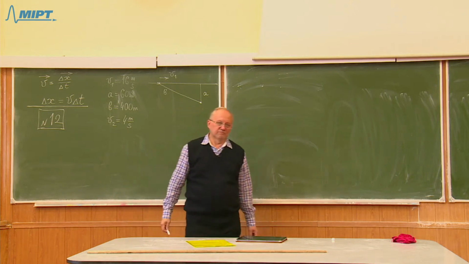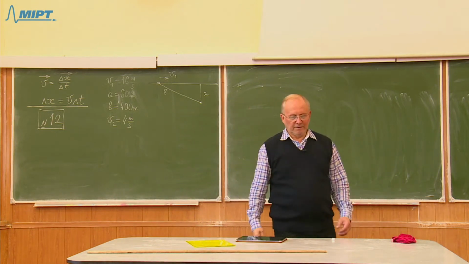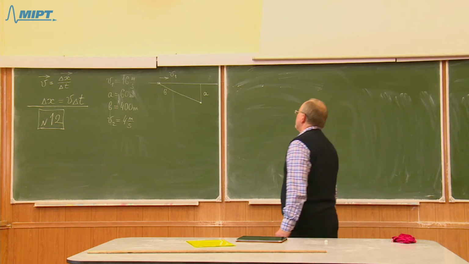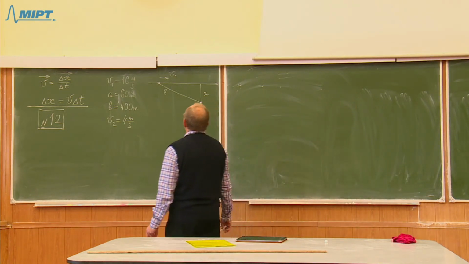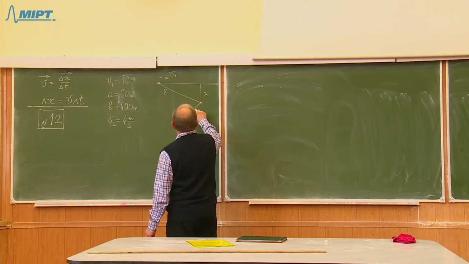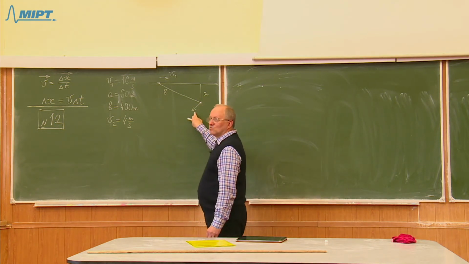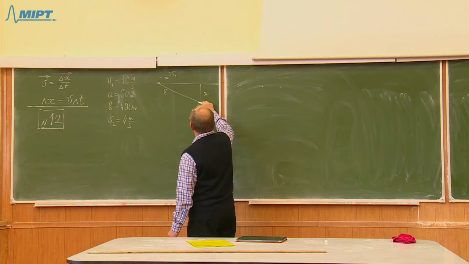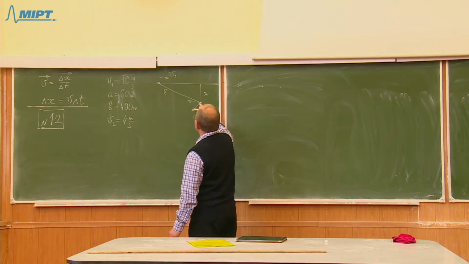That is probably the maximum speed with which this man can run. So if he runs in this direction, will he ever catch the bus? No. If he runs in this direction, will he ever catch the bus?